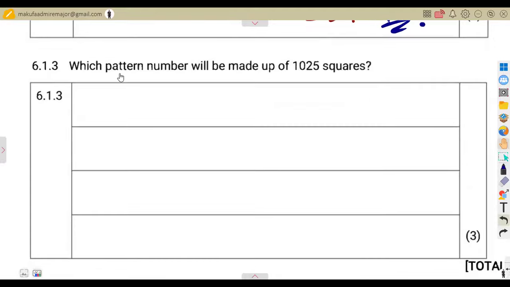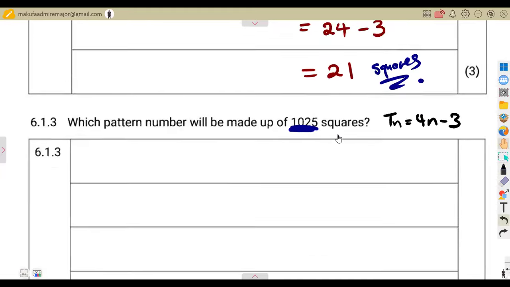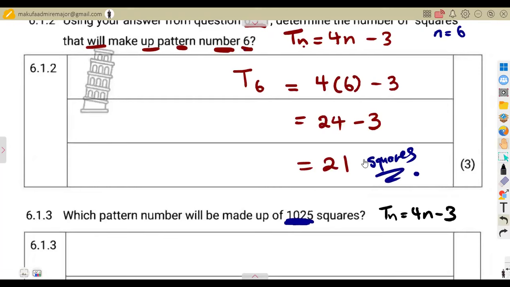Then which pattern number will be made up of 1,025 squares? So now it's a continuation again from the same Tn that we are given, which is 4n minus 3. This time, remember here, guys, what were you calculating? The number of squares, which is Tn, T6.